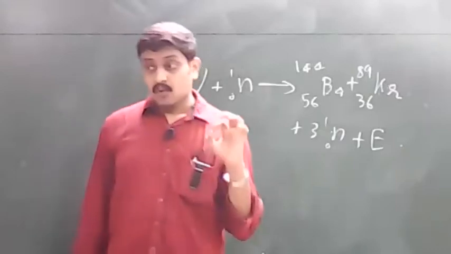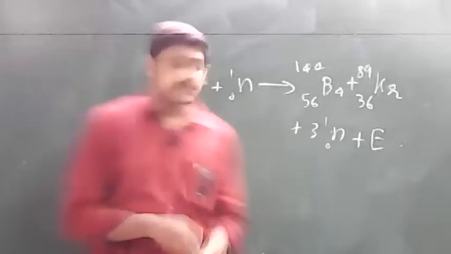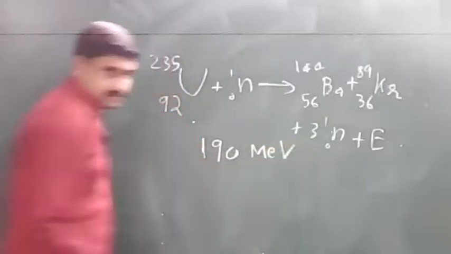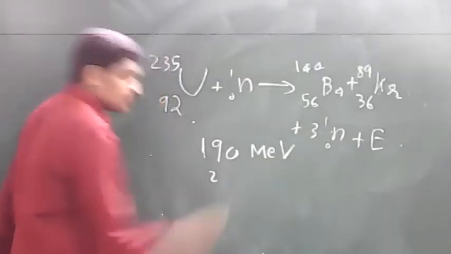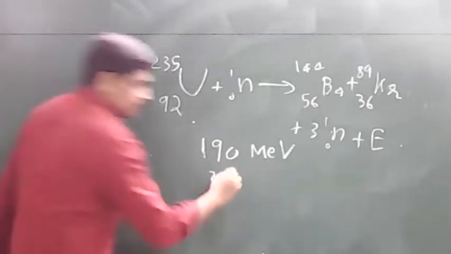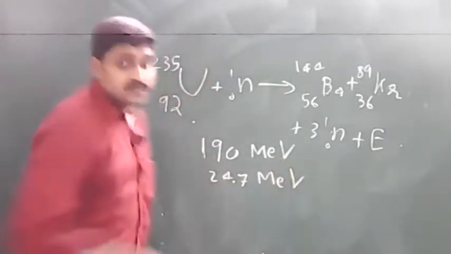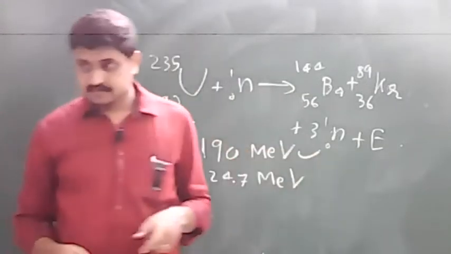See, a nuclear fission reaction releases nearly 190 mega electron volts. One fusion produces almost 24.7 mega electron volts. If you consider a single atom, fission will produce more energy.